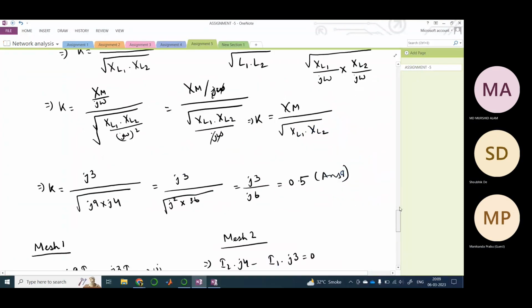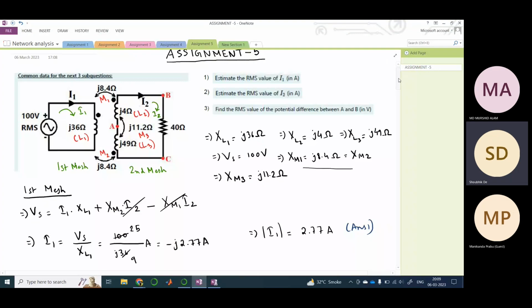Okay, so let us solve the first question again. Here this circuit is given, right? Basically a transformer with one coil on the primary side and two coils on the secondary side.